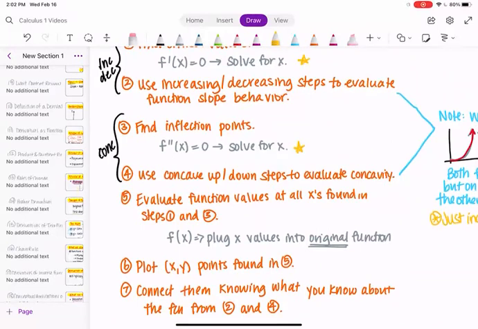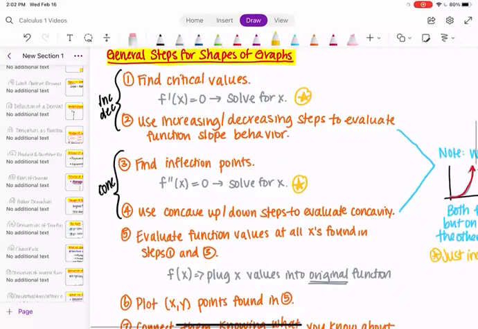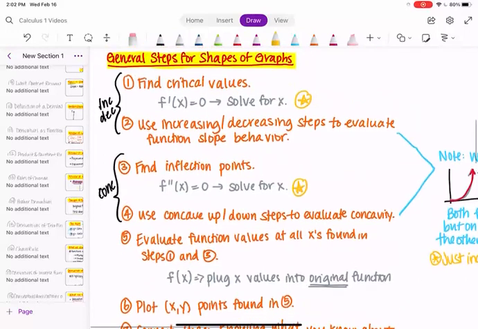We know these x's are important on our graph, and that something cool will happen at those x values. So we're going to take advantage of the fact that we have a list of x's and we can find a corresponding list of y's. This is the part where people get a little bit confused. So remember, for this step, we're going to plug into the first derivative.